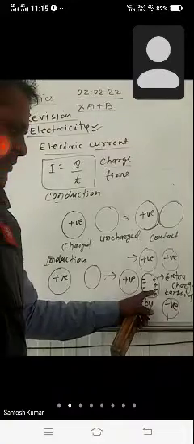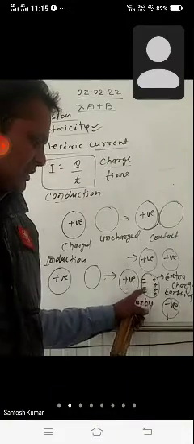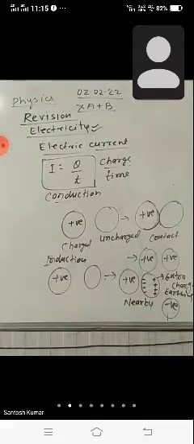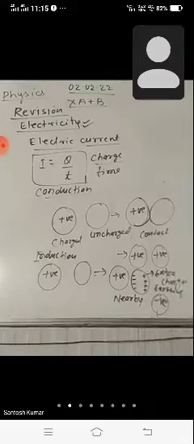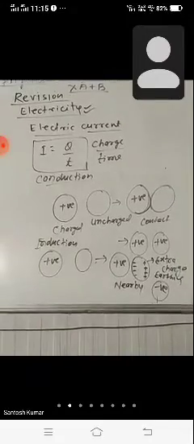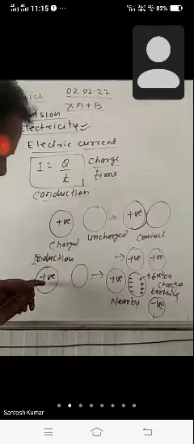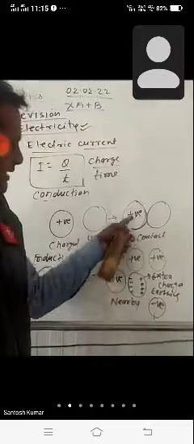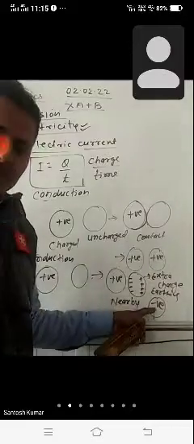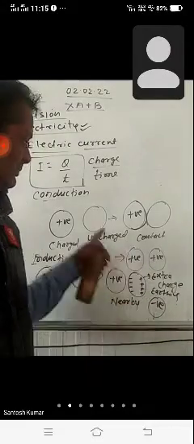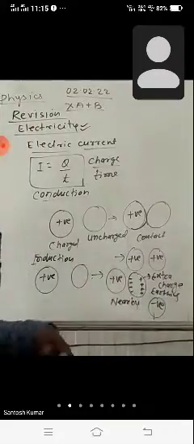So the method which you are using will decide which type of charge will be produced on the body. With the help of positive charge, I have created positive as well as negative charge.